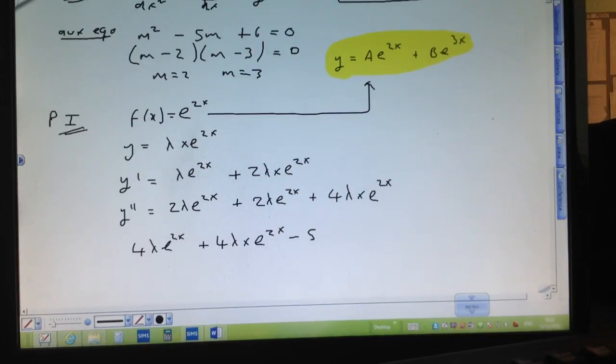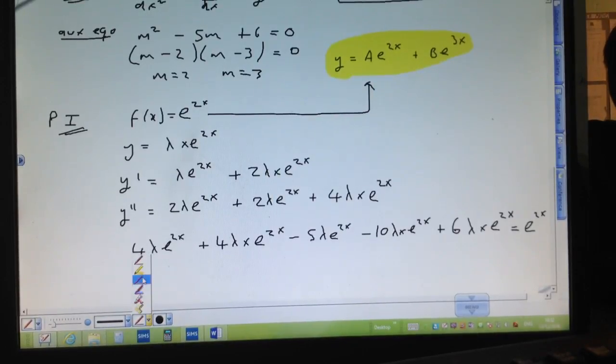So it's minus 5 lambda e to the 2x minus 10 lambda x e to the 2x, plus 6 lots of this, so plus 6 lots of lambda x e to the 2x. And we're comparing that with the complementary function, which is e to the 2x. So let's gather these up. I've got 4 lambdas here, so I'm just going to highlight this.